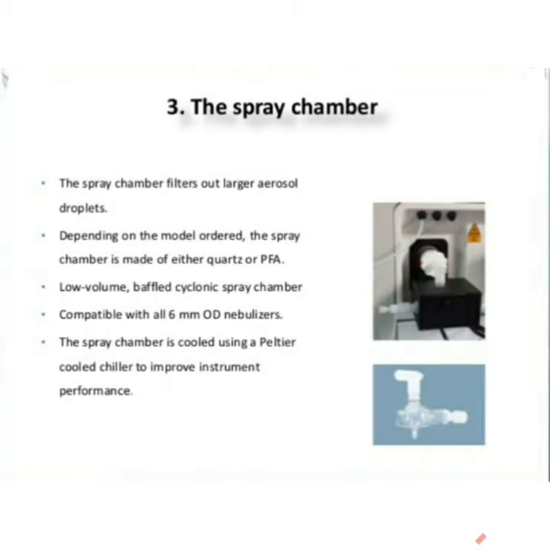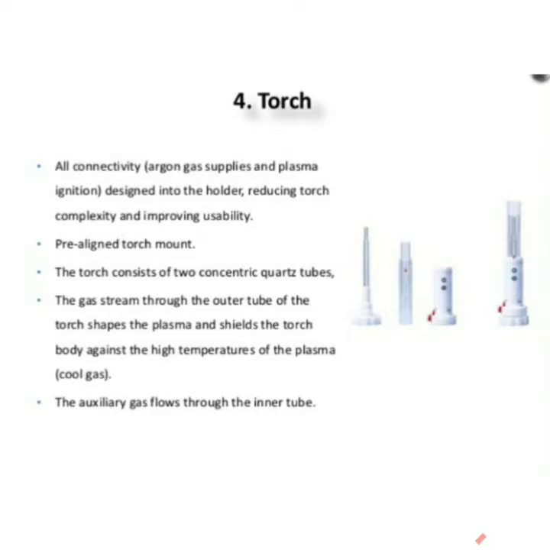All connectivity, argon gas supplies and plasma ignition are designed into the holder, reducing torch complexity and improving usability, with a pre-aligned torch mount. The torch consists of 2 concentric quartz tubes. The gas stream through the outer tube of the torch shapes the plasma and shields the torch body against the high temperature of the plasma; this is the cool gas. The auxiliary gas flows through the inner tube.